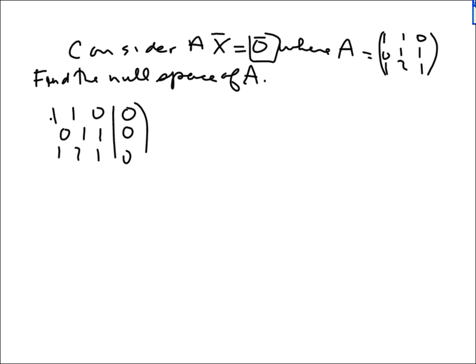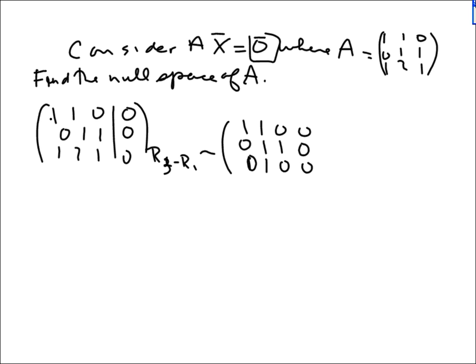Okay, now if we reduce this matrix by doing row 2 minus row 1, row 3 minus row 1, we get 1, 1, 0, 0, 0, 1, 1, 0, 1, 0, 1, 0, 0. Okay?